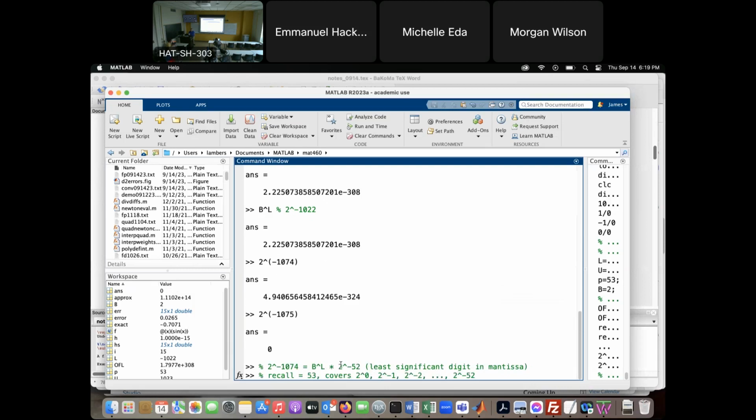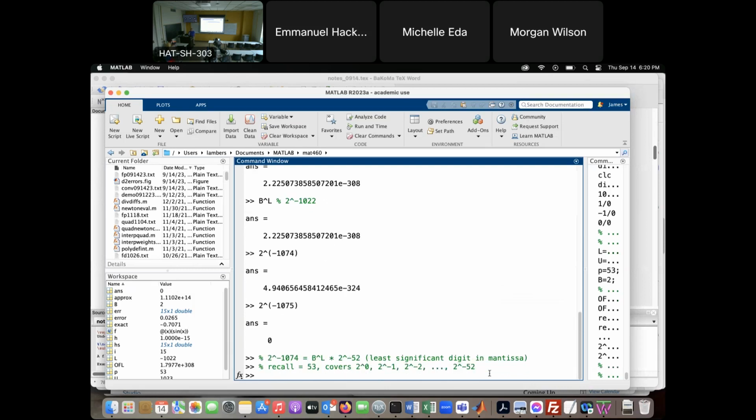So think of your mantissa as being 0.0000 and then 1 in the last position, and you put those 2 together, and you get the smallest number that you can possibly have when you're not normalizing. Mantissa.